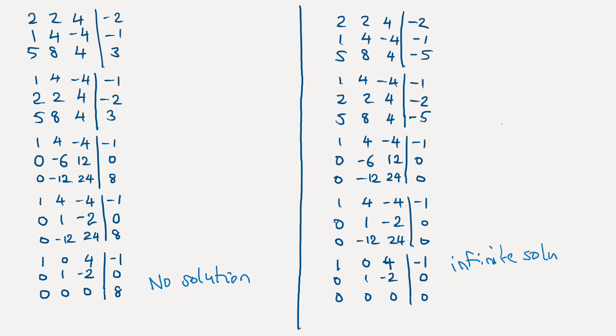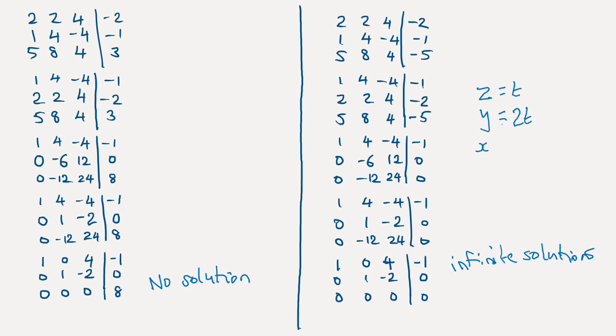And we can write those solutions in parametric form if I set z equal to t. And then y, we can see that y minus 2z equals 0, so that means y equals 2z, and z is t, so y is equal to 2t.